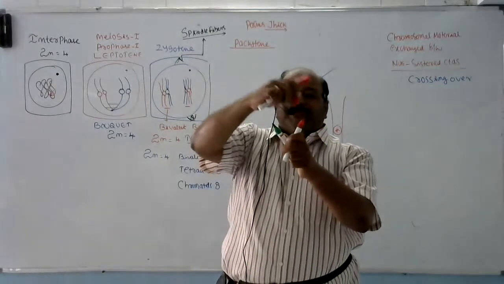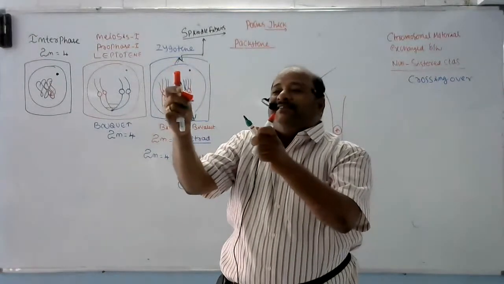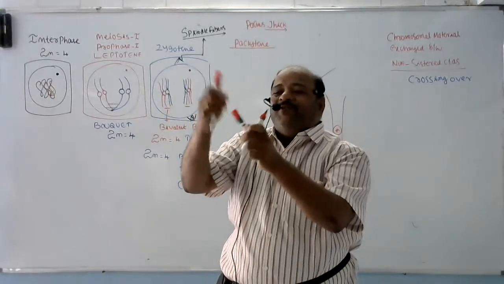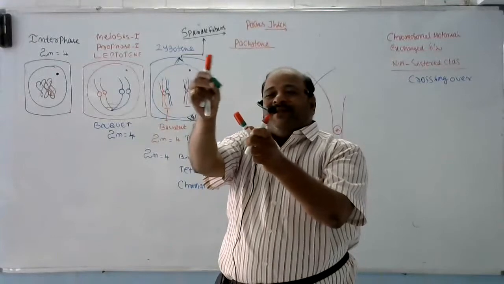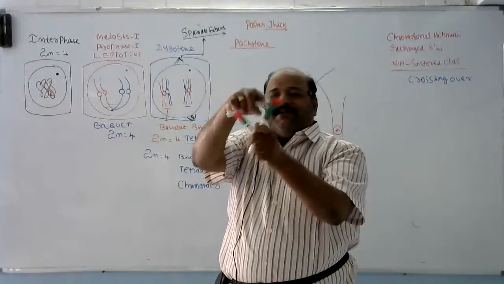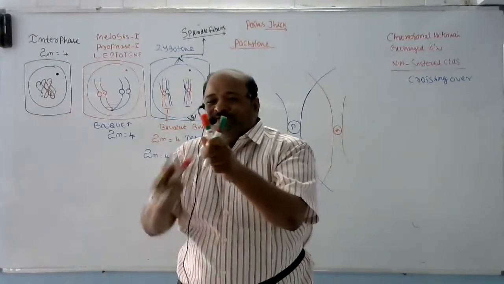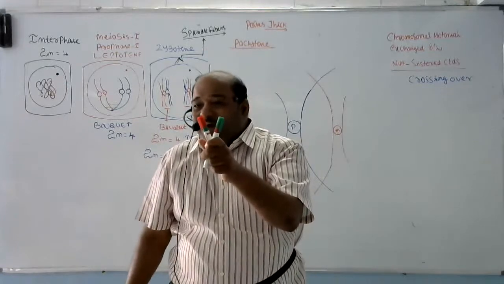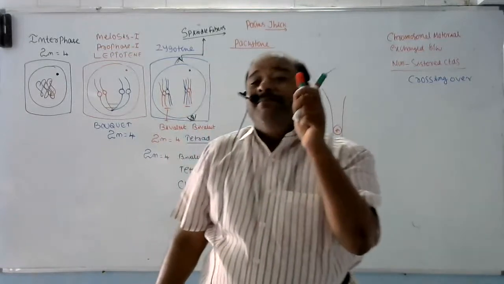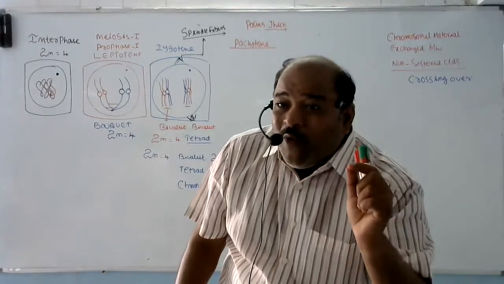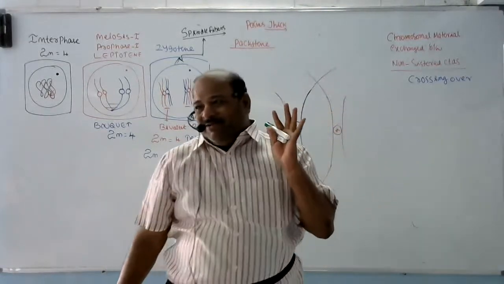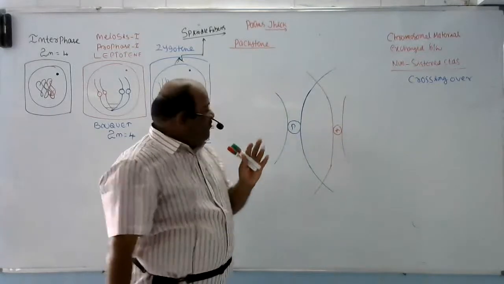The portion cut from the paternal chromosome is added to the maternal chromosome, and a portion of the maternal chromosome is added to the paternal chromosome, vice versa. That process is called crossing over.